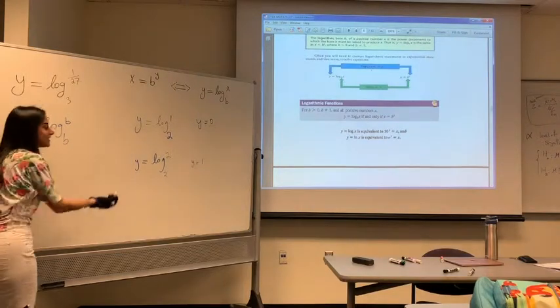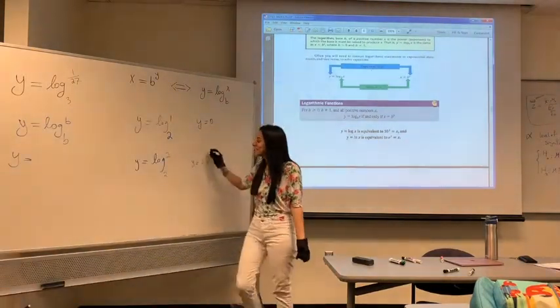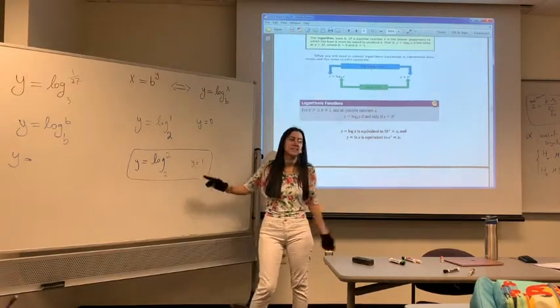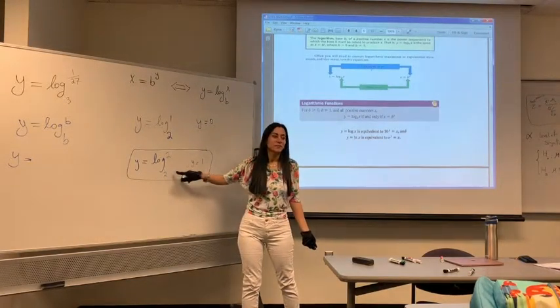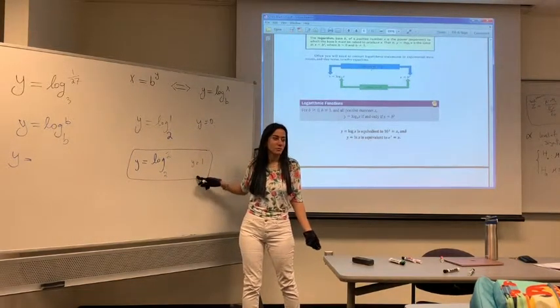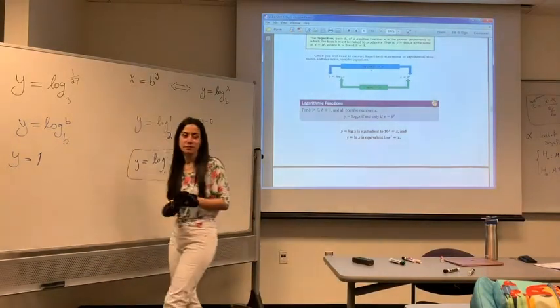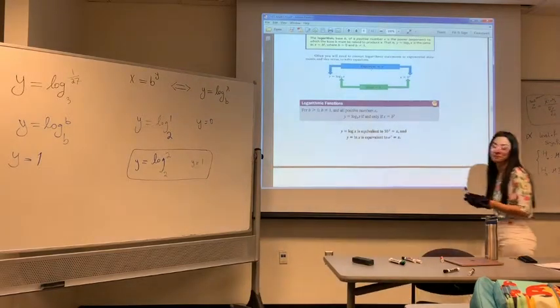I just said this is a rule. If this one and this one are equal, y is always equal to 1. So this is one of the rules. Okay?